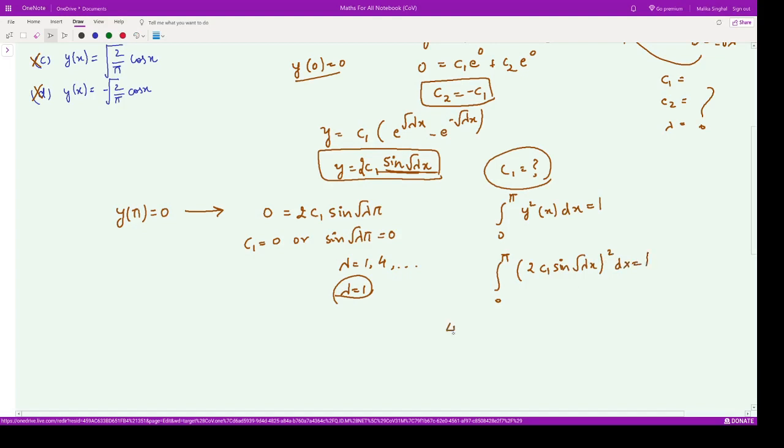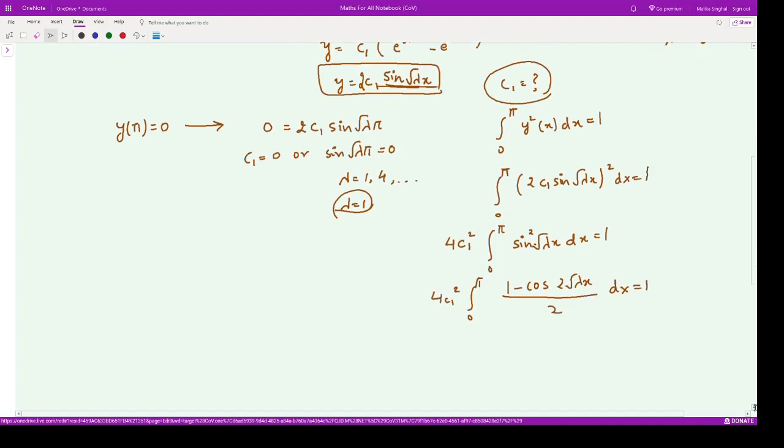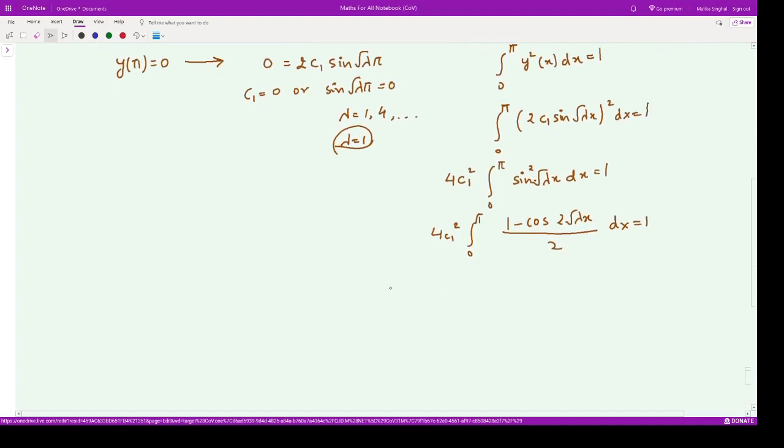So you have 4 c1 square times integration from 0 to pi of sine square of square root of lambda x dx is equivalent to 1. So let us just integrate it. You could write it as 1 minus cos 2 square root of lambda x divided by 2, into dx is equivalent to 1. Integrate this, separate the terms and integrate.